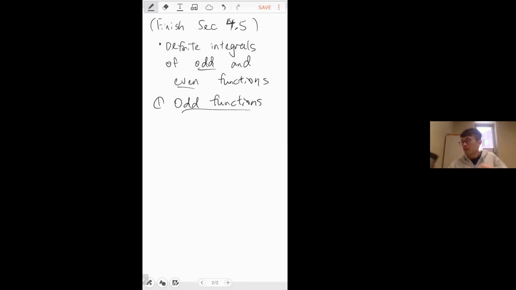Okay, so first of all, what was the definition of odd functions again? What does an odd function look like? On a graph, an odd function looks something like this.